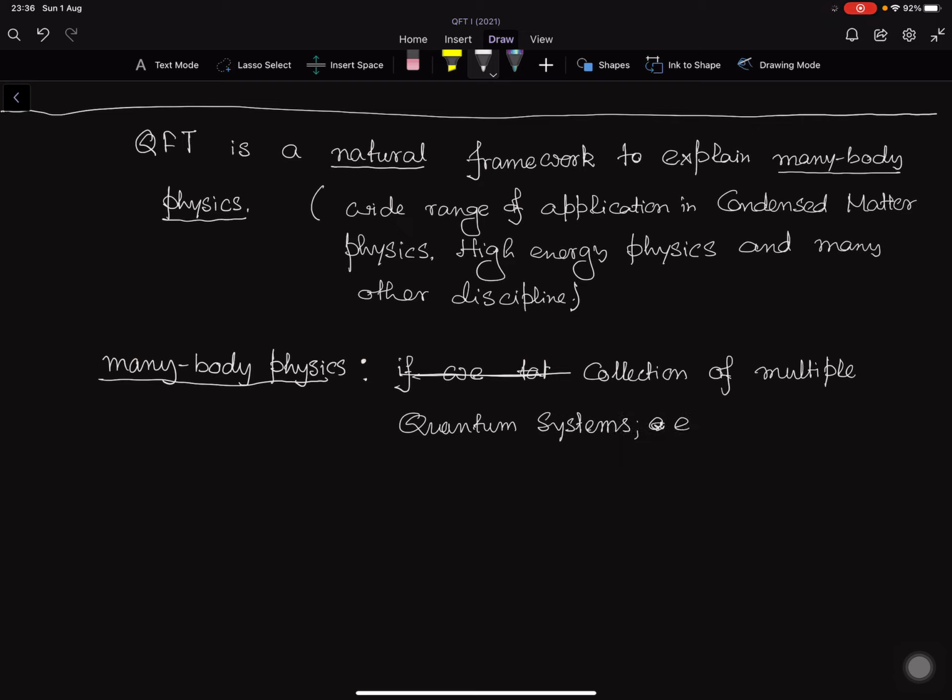The Hilbert space of each such system is the same.